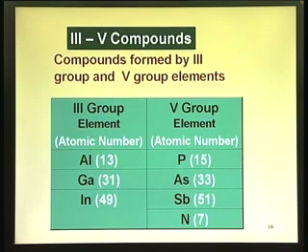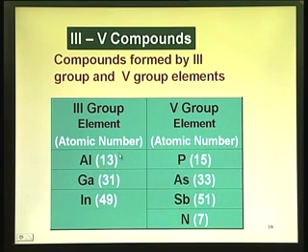Let us now go back into the next one, the most coveted thing, that is the 3-5 semiconductors, third group, fifth group, and these are compounds formed by third group elements with fifth group elements.